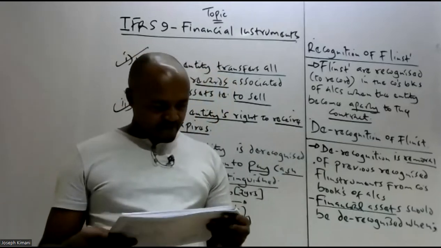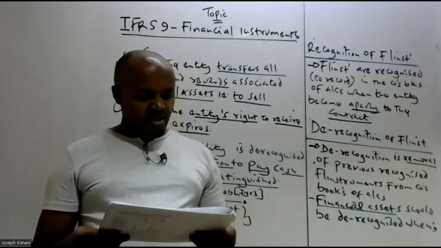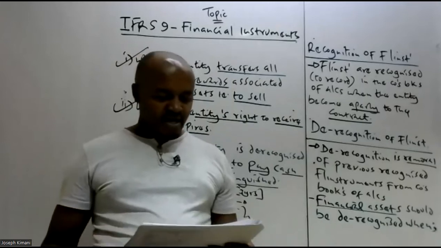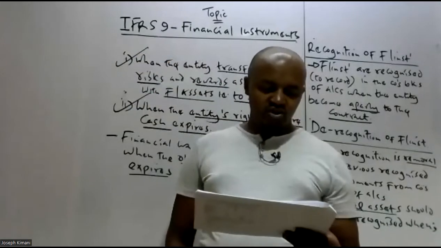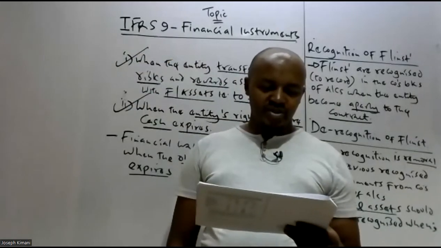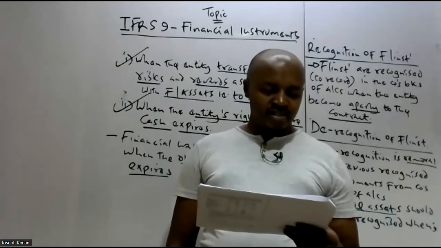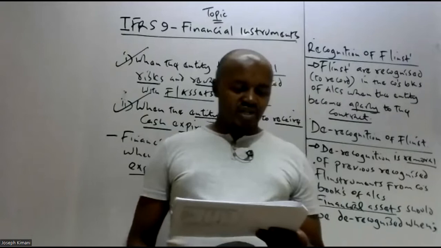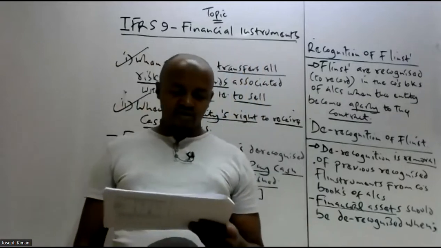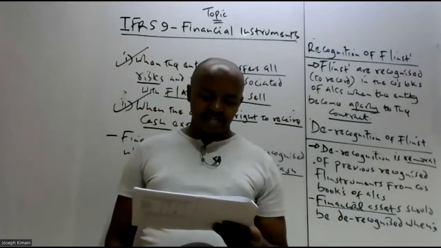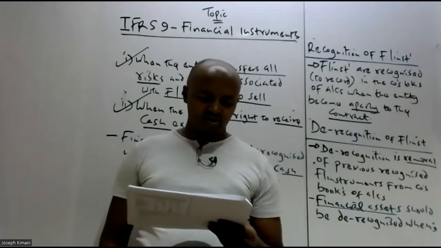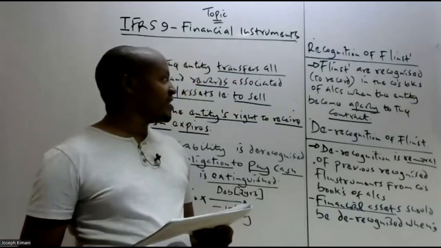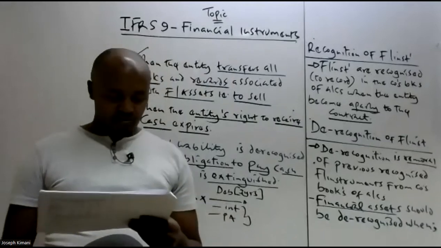Question number 3A. It reads, International Financial Reporting Standard number 9, which deals with financial instruments, establishes principles of derecognizing financial assets and financial liabilities. In that case, you're told derecognition is the removal of a previously recognized financial instrument from the entity's statement of financial position.